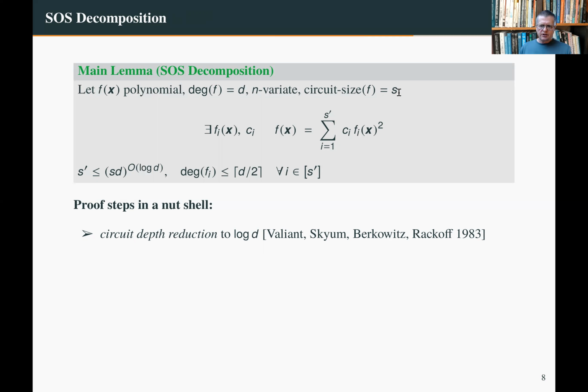So we start with a given circuit for f, and the first step is to apply the depth reduction to the circuit by these four people. This reduces depth to log d and size to d polynomial in s. Then having a log d depth circuit, we can unfold it and get a formula.